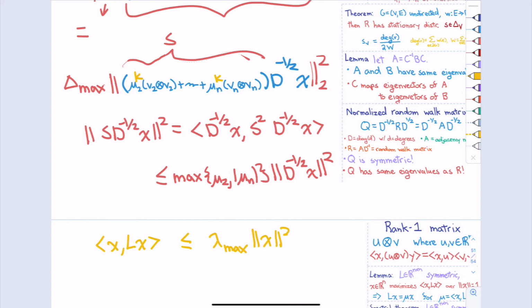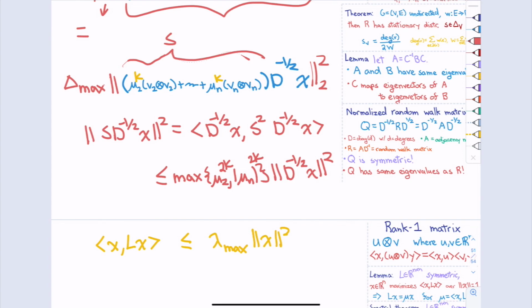Okay, so what is the maximum eigenvalue of s squared? What are the eigenvalues of s squared? It's going to be mu2. In fact, I got some of this wrong. So this should be mu2 to the 2k, mu n to the 2k, right? The only reason we put the absolute value there is that if mu n is really close to -1, then the squared might suddenly become the biggest eigenvalue of s.